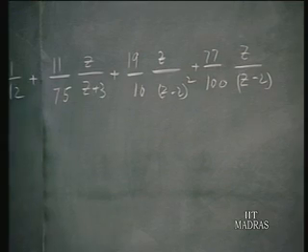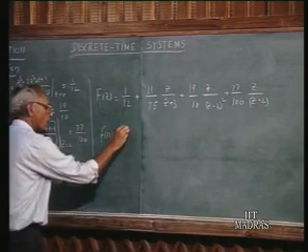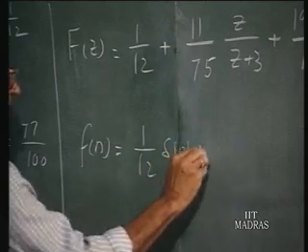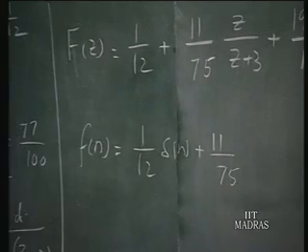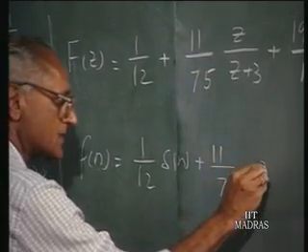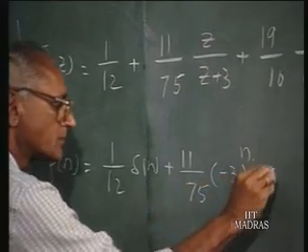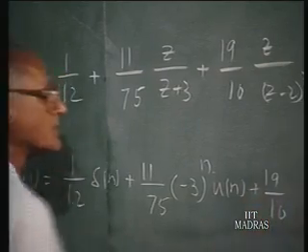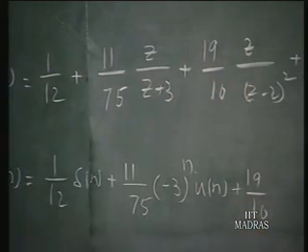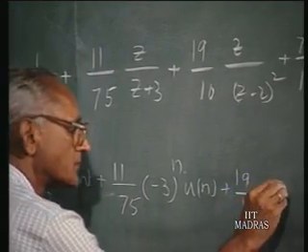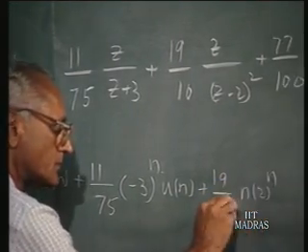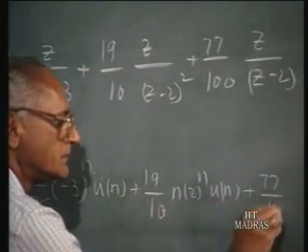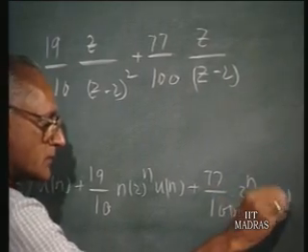So from this you can get f of n equals 1 by 12 delta n, that means there is only one sample standing at n equals 0, plus 11 by 75 times minus 3 raised to the power n u n, since z upon (z plus 3) corresponds to that, then 19 upon 10 times n times 2 to the power n u n, since this is z upon (z minus 2) whole squared, plus 77 upon 100 times 2 to the power n u n.